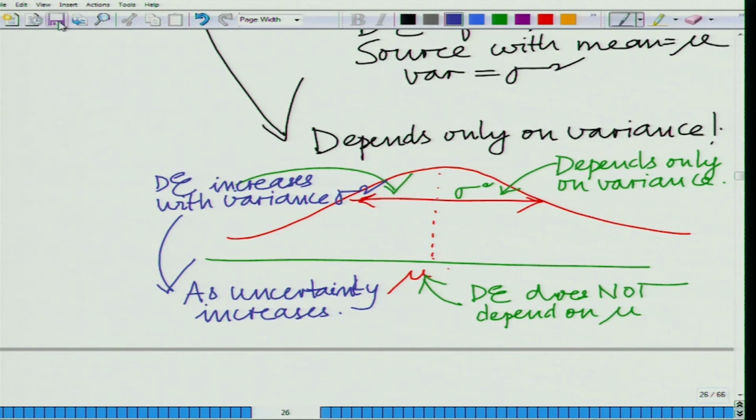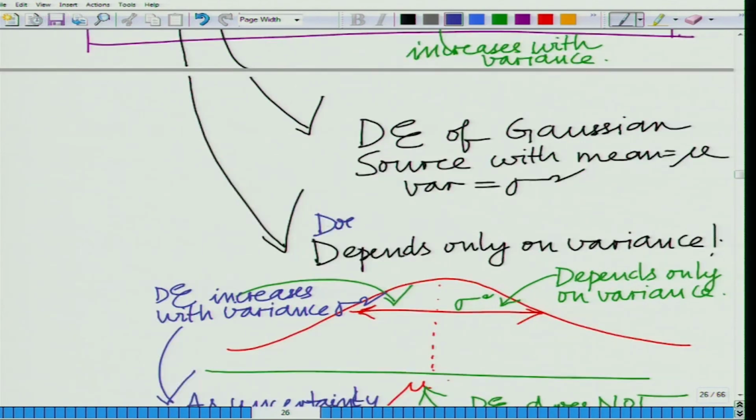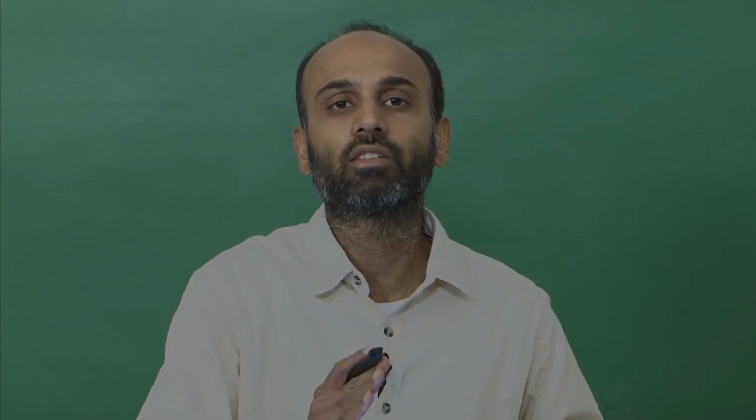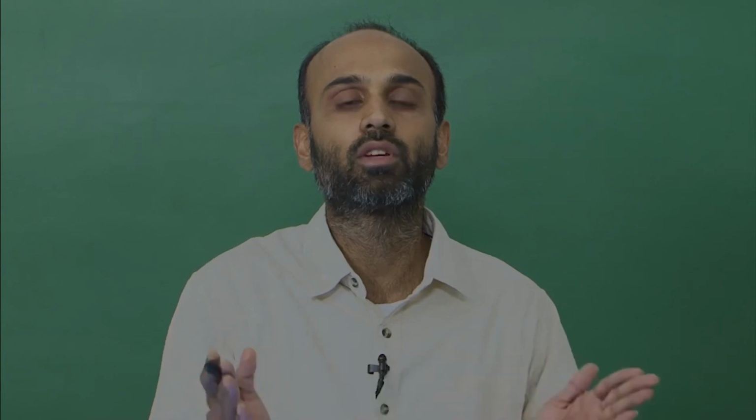So, you are observing two interesting things. One is that it does not depend on the mean. If you shift the Gaussian probability density function by a constant, the variance remains unchanged and the differential entropy of the source remains unchanged.